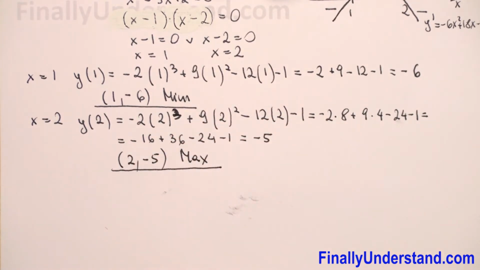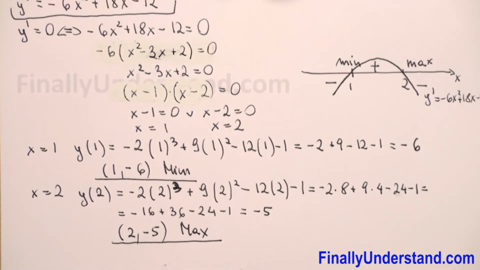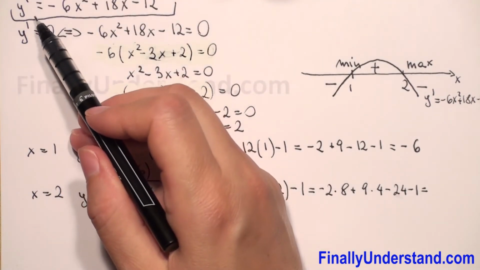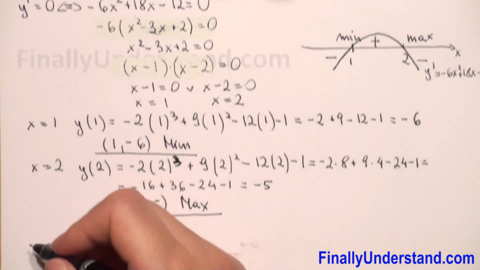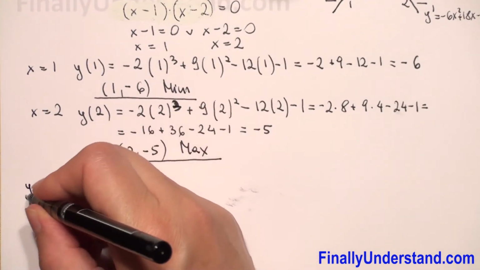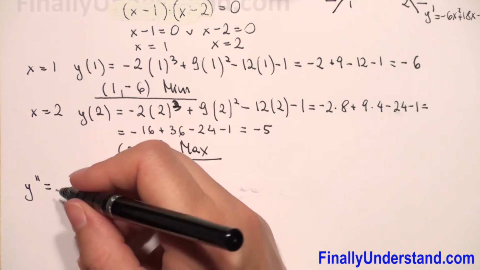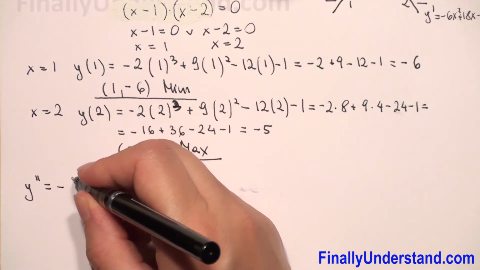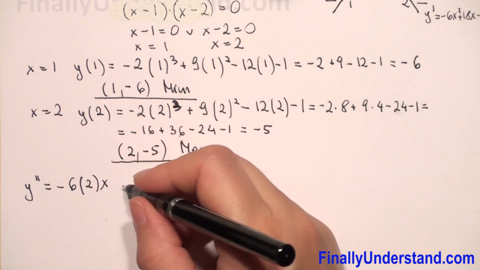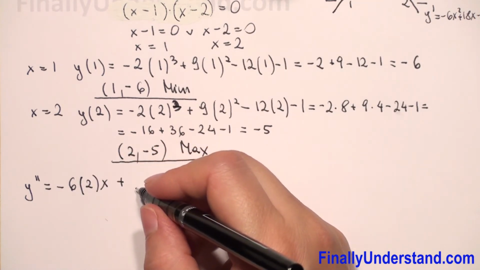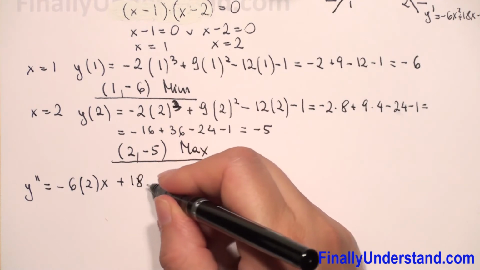Next, we need to check if our function has inflection points. So first we need the second derivative. It means we have to find the derivative of the first derivative. So y double prime is equal to negative 6 times 2 times x plus the derivative of 18x, which is 18.